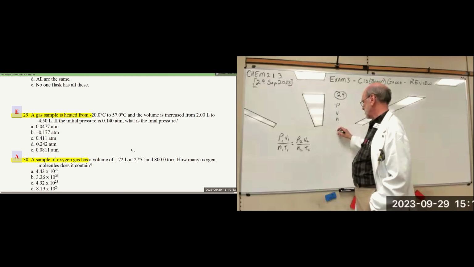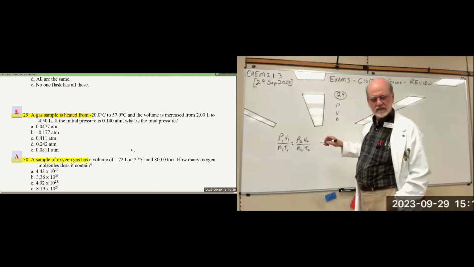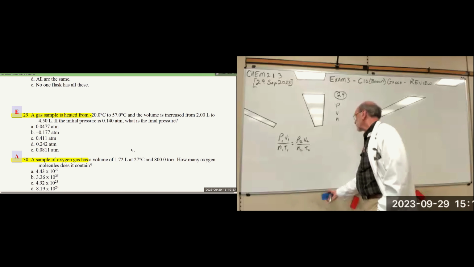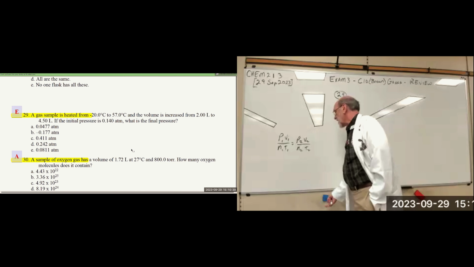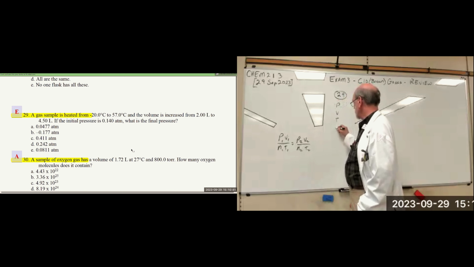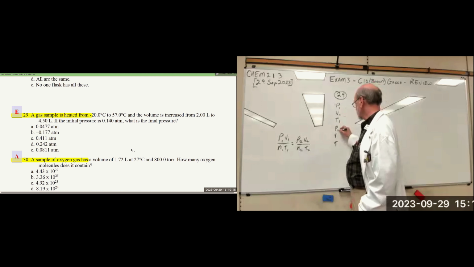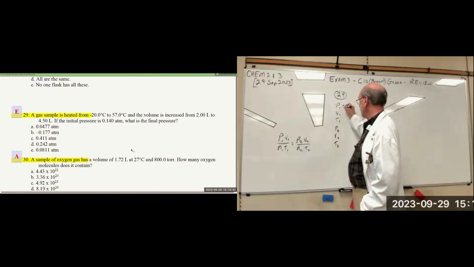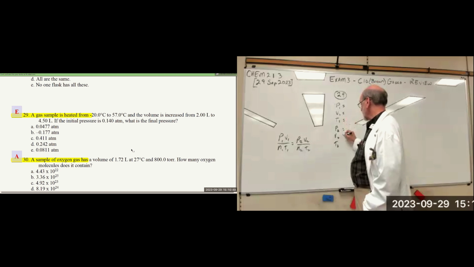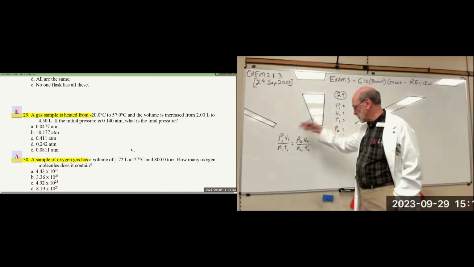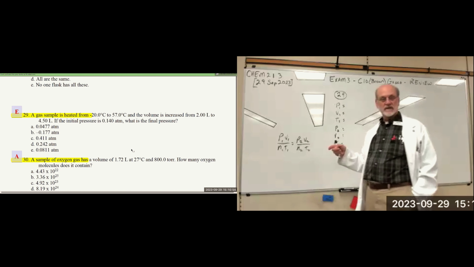PVN. Is that right? No, PVT, because N is constant. This is one condition, this is the other condition. And then you put your values in here so you don't stick them in the wrong place.